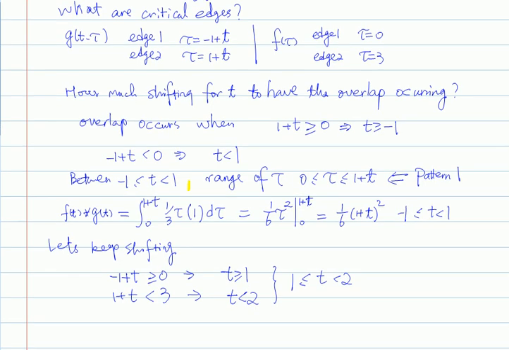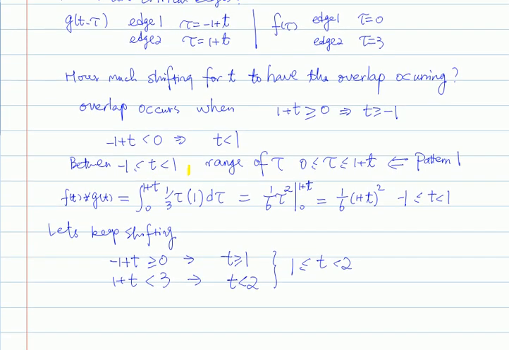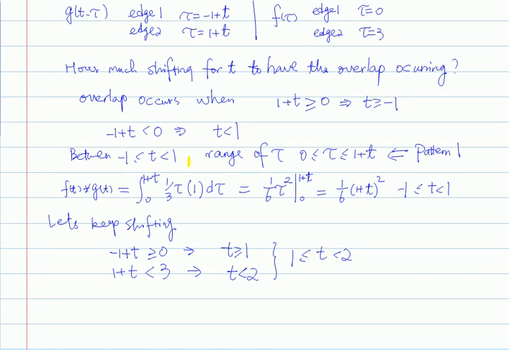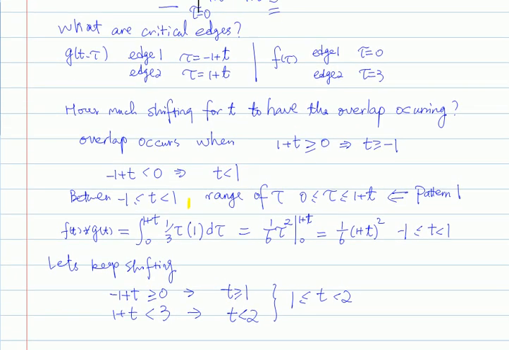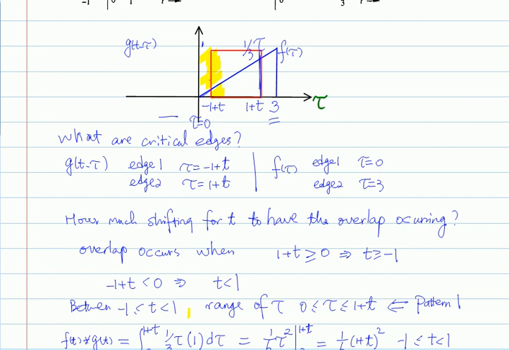Now when you shift your box by an amount of t within this range, 1 and 2, that means you are placing your box in this region right here, like that. Now the next question, let's take a look at where these two functions overlap, or what the region of overlap is.